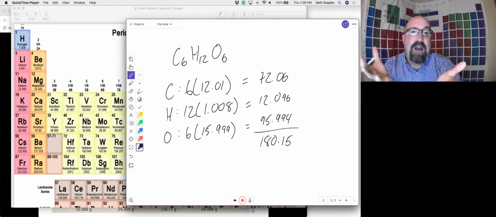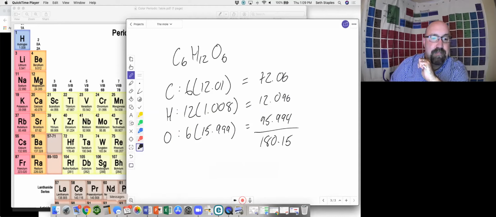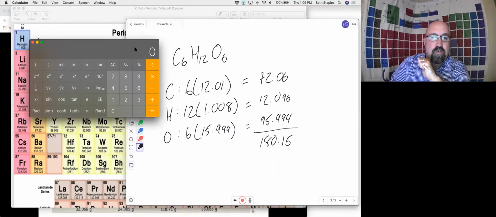Now, depending on how comfortable you are with your calculator, you could also simply type that in all at once. There's no reason that you couldn't do 6 times 12.01 plus 12 times 1.008 plus 6 times 15.999 equals our 180.15.